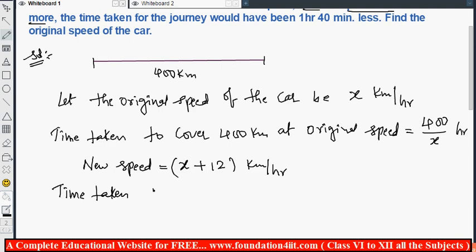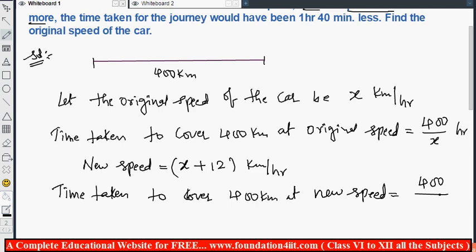The time taken to cover the same 400 kilometers at the new speed: the distance does not change, so 400 by x plus 12. When the speed is more, generally the time will be less. This is also in hours.